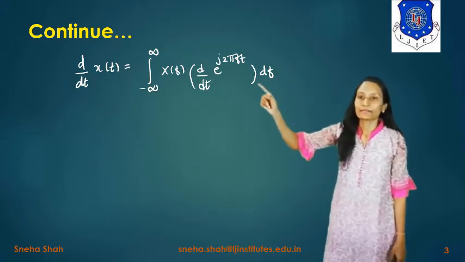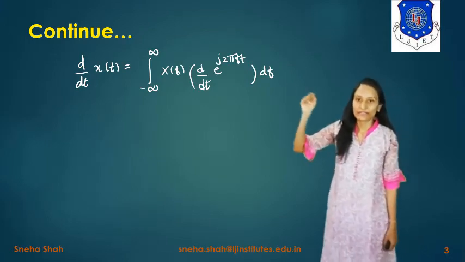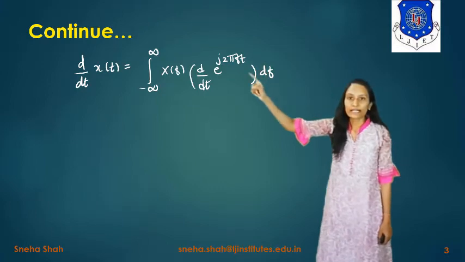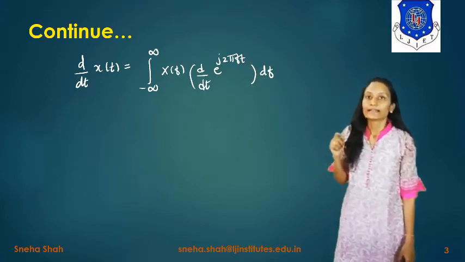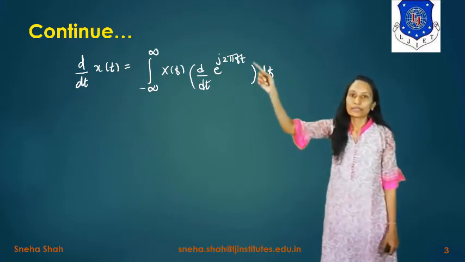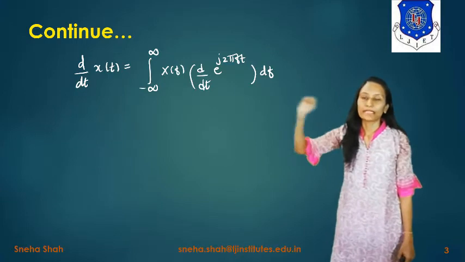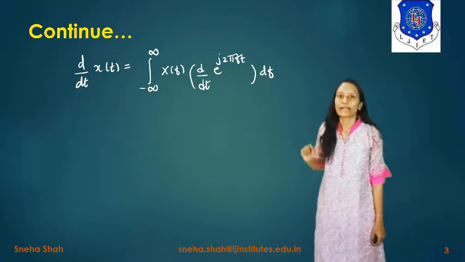Now in this term you can see that X of f is a function of f, df is also f, and only the term e raised to j 2 pi f t contains t, right? So we are differentiating e raised to j 2 pi f t with respect to time t.